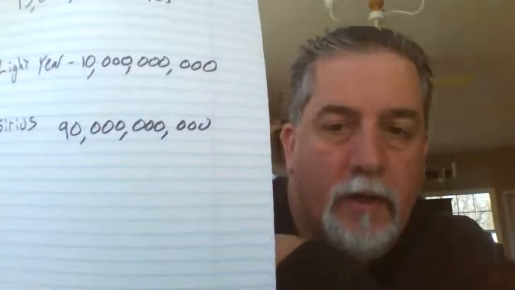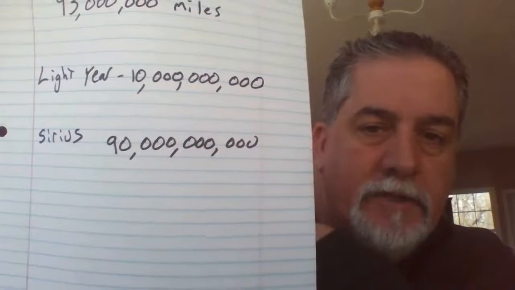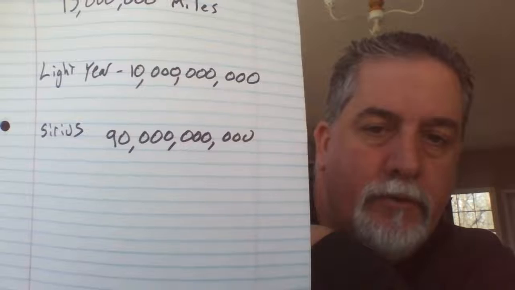Okay, so if we had Sirius, which is 90 trillion kilometers away, that's 90 with 9 zeros after it, and we know that a light year is 10 trillion.